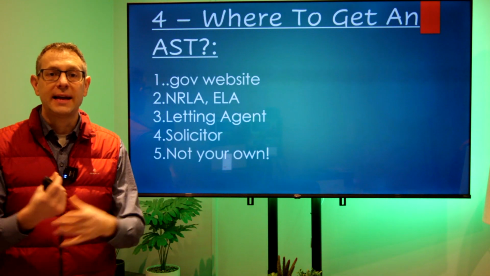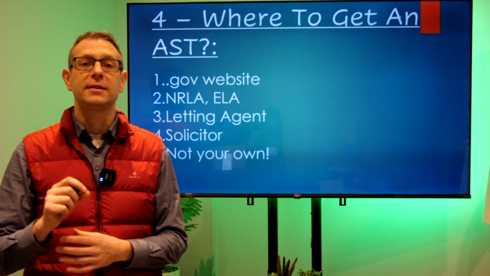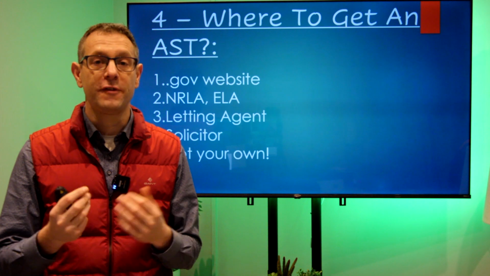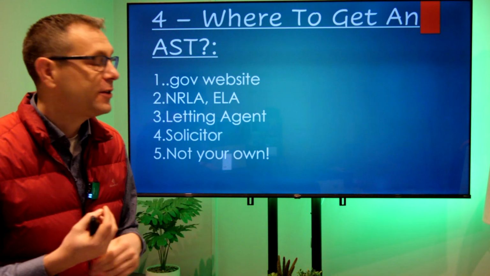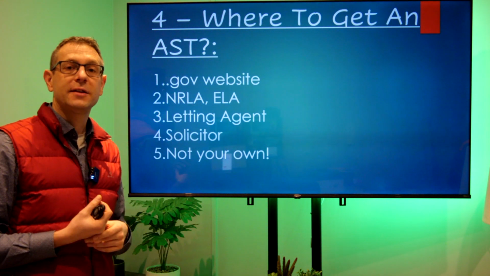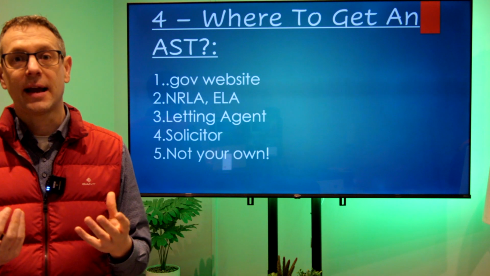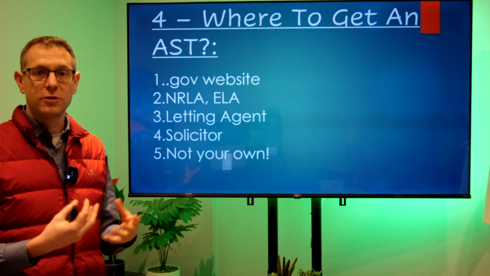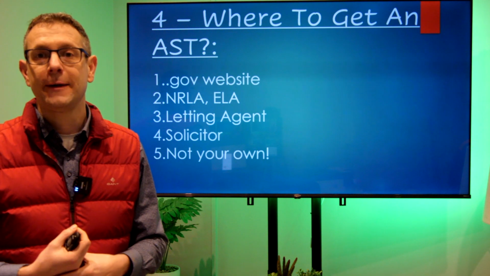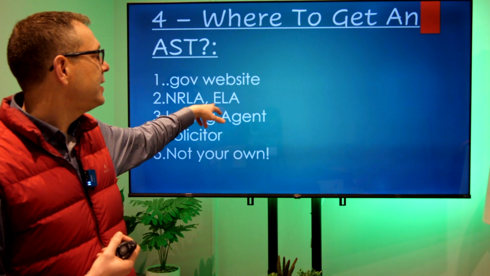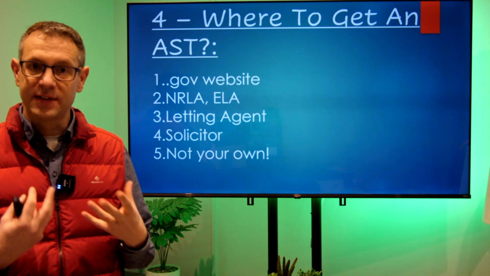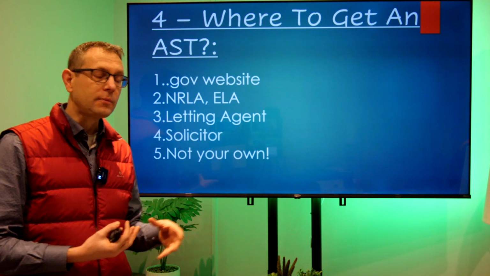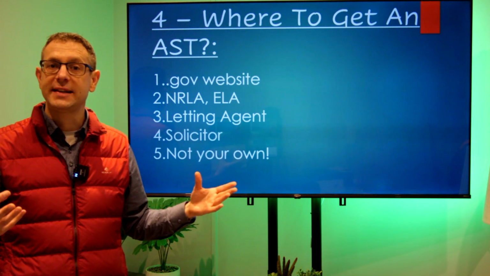So where to get your compliant, ideal tenancy agreements? A few places you can go. The .gov website has got a template that you can use, worth checking out. The National Residential Landlord Association, we use that contract in all of our tenancies. More locally, the Eastern Landlord Association also have a tenancy agreement you can use. You can get one from your local letting agent.